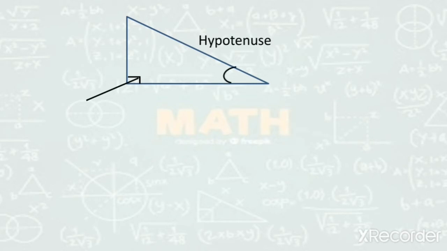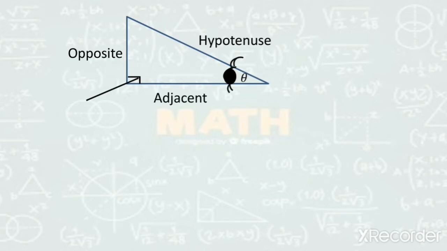Then thereafter there are two other angles remaining. If you mark one angle as theta, you can make that angle as an eye like this, then this eye is looking at the opposite side, and the other side is known as the adjacent.